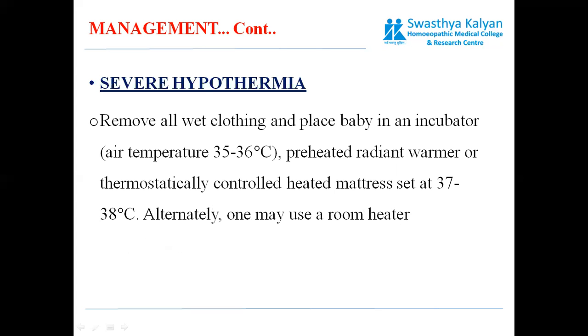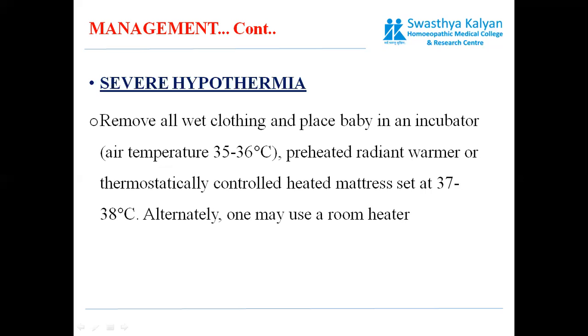Then management of severe hypothermia. In this, we have to remove all the wet clothing and place the baby in the incubator or preheated radiant warmers or thermostatically controlled heated mattress, which are set at the temperature of 37 to 38 degree centigrade. Alternately, we can also use a room heater.